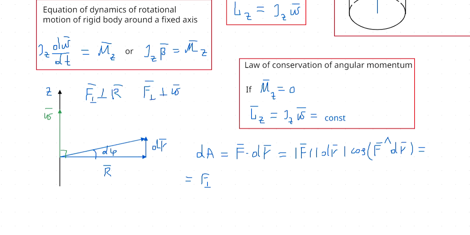So this will be multiplied by modulus of dr, and from the picture, we have that modulus of dr is equal to r multiplied by d phi.